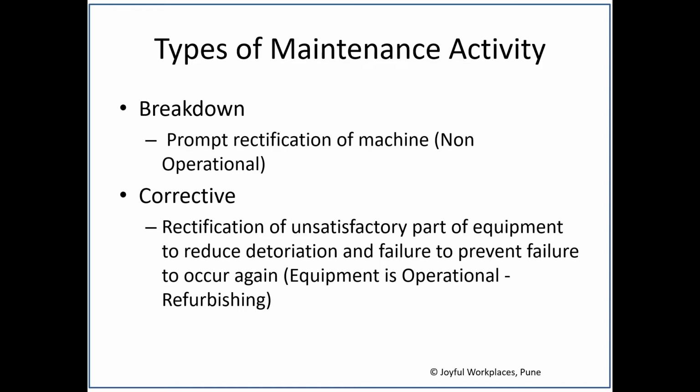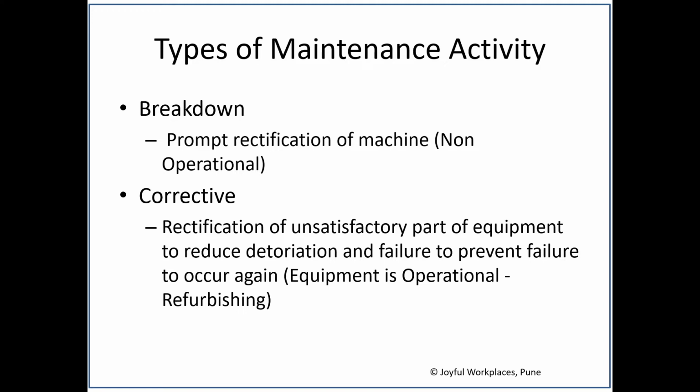There is another activity which is called corrective maintenance activity. What is corrective maintenance activity? Many times I have observed that while correcting one of the breakdowns, the maintenance team understands there are certain other unsatisfactory parts within the machine. So they decide to change that particular part because it is an observation.